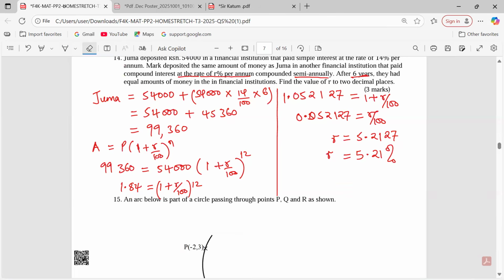So this is per semi-annual. So per annum shall be 5.21 times 2. Let me multiply the original value by 2. It shall be 10.43. So we should round off to 2 decimal places the original value. So I should multiply by 2 at this stage. Yeah, multiply by 2 at that stage.